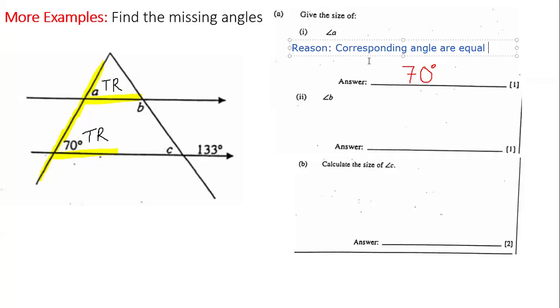Malia, Major, do you understand this? Malia, why is A equal to 70? Because they are corresponding angles. Very good. And Kylie, why is A equal to 70? Because they are corresponding angles. Very good.